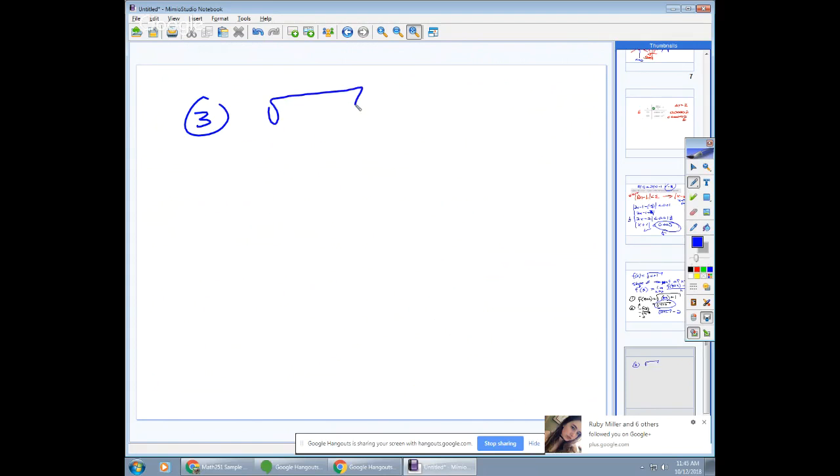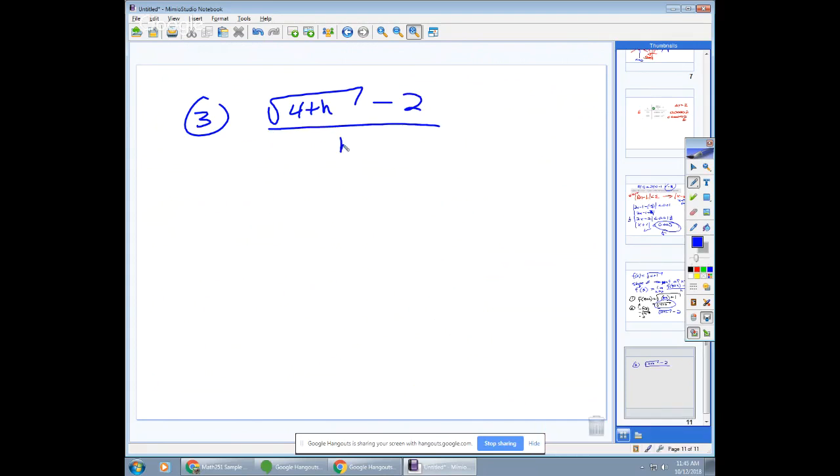So I've got the square root of 4 plus h, then minus 2, all over h. And again, sometimes things cancel, like if this was a parabola, things would cancel, but nothing happens there. But am I at a point where I can take the limit directly? Try taking the limit directly, what happens?